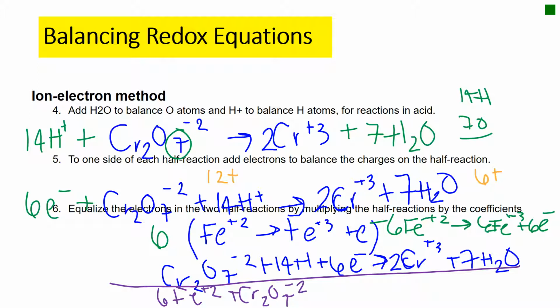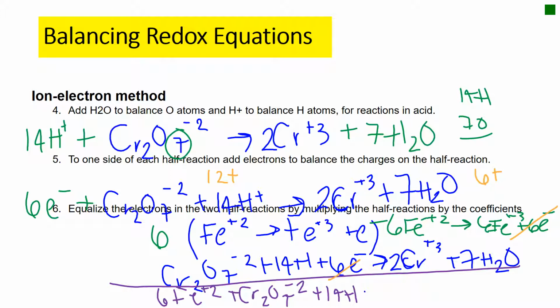Then I have 14 hydrogens on my left, but none on my right. So I'm going to add them, 14H. Then here I have 6 electrons on my right and 6 on my left, so they're going to cancel each other out, and I'm not going to bring them down below.